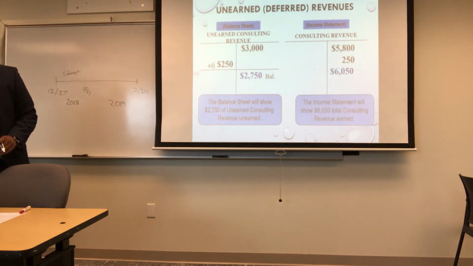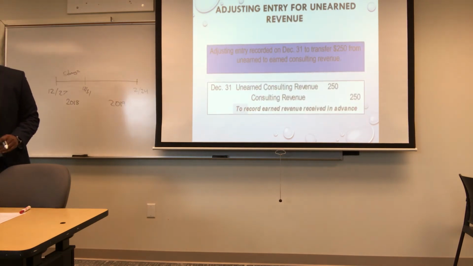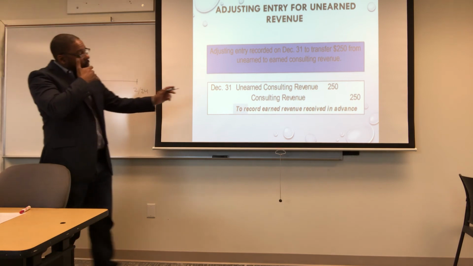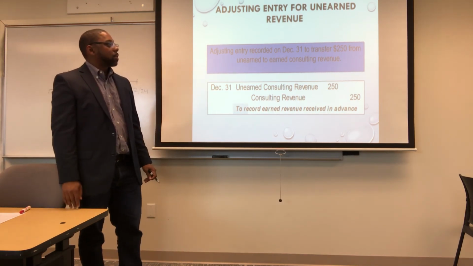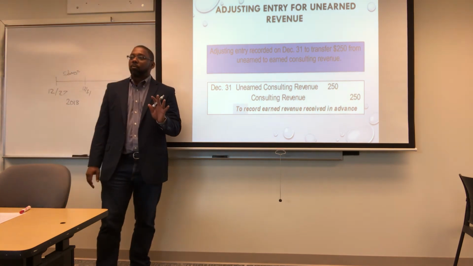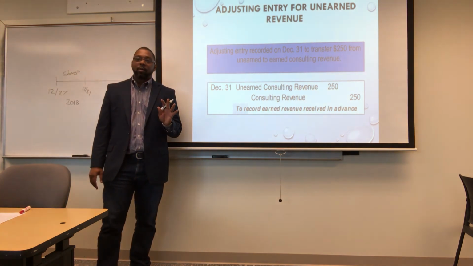It'll look like this. Debit unearned consulting revenue and credit consulting revenue for the $250. That's just to make sure that revenue is recognized for those 5 days. Everyone with me?